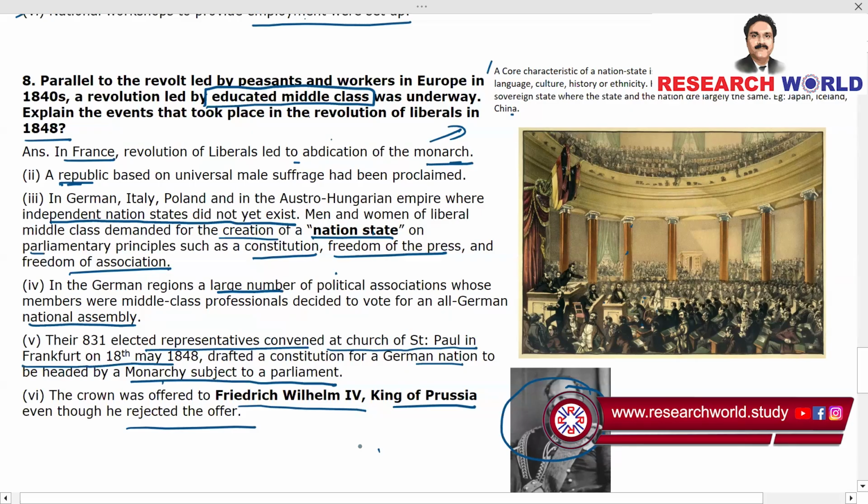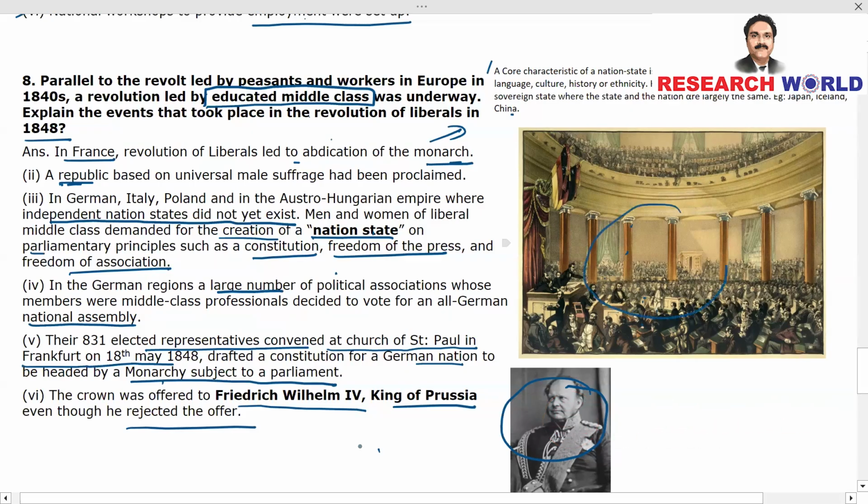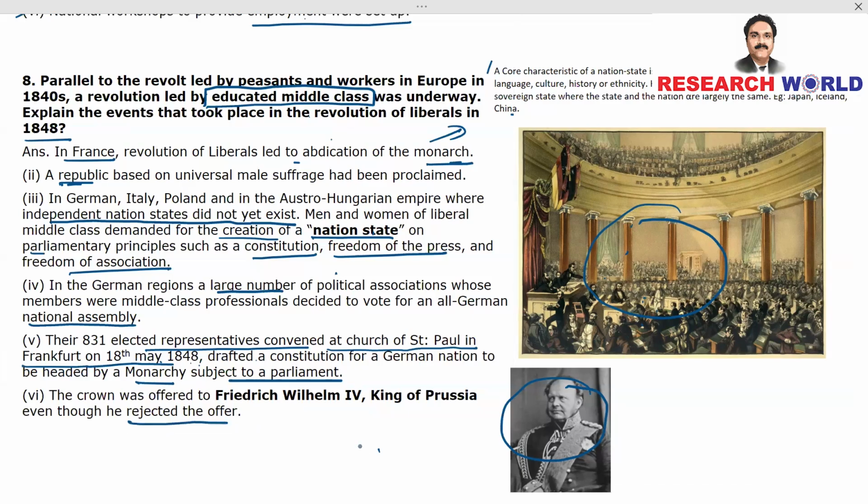Their 831 elected representatives convened at the Church of St. Paul in Frankfurt on 18th May 1848 and drafted a constitution for the German nation to be headed by a monarchy but subject to parliament. The monarch cannot take his own decision. He has to obey what parliament recommends to him. The crown was offered to Frederick William IV, King of Prussia, even though he rejected the offer.